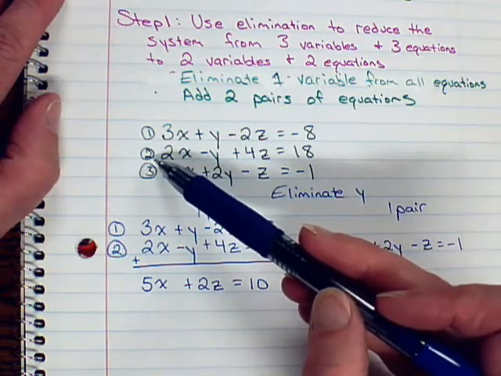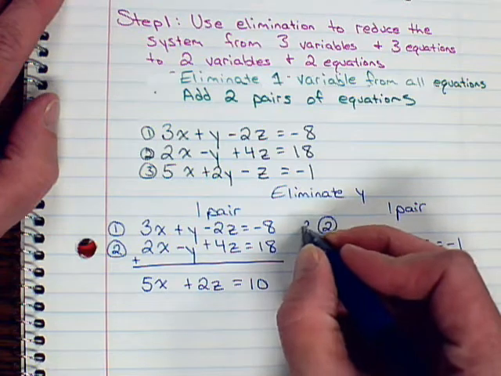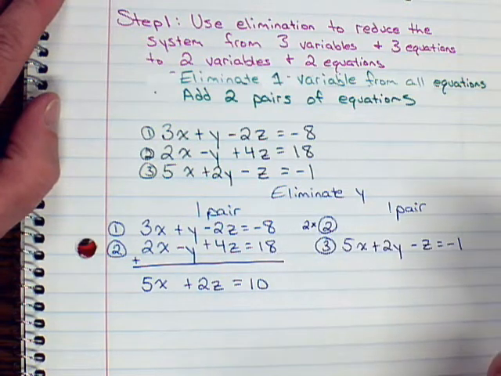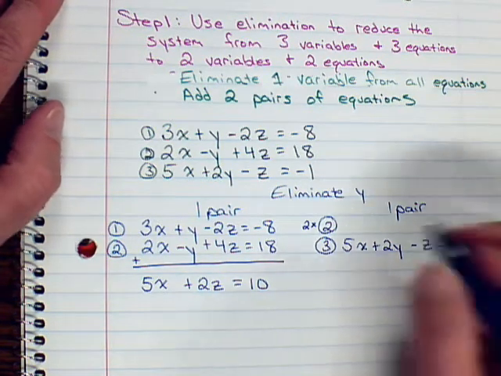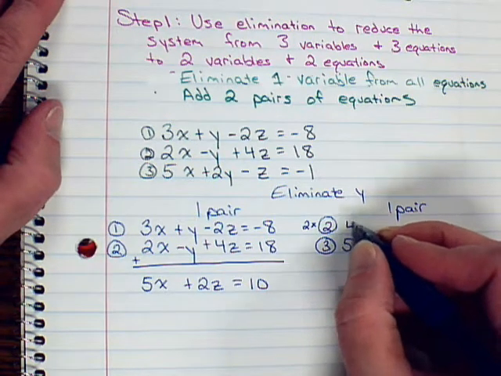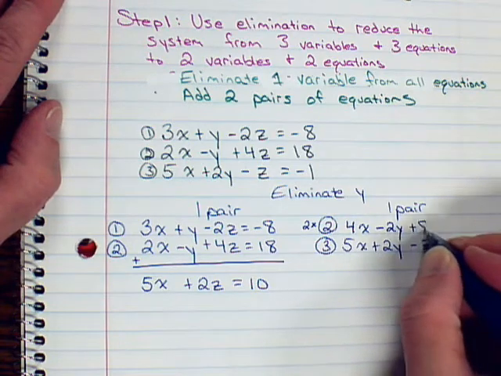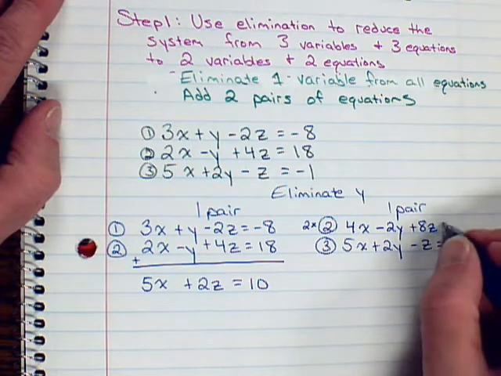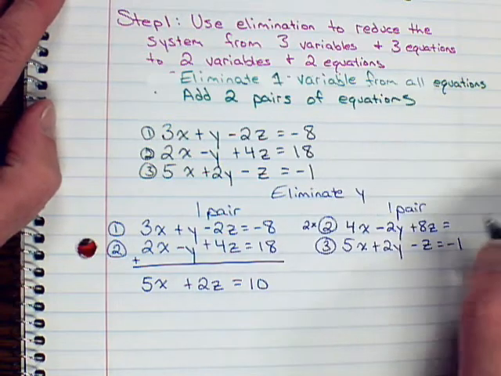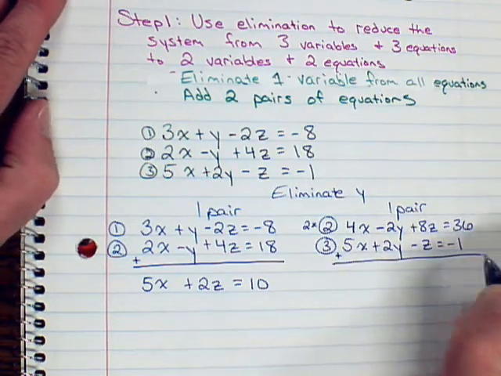Ooh, equation 2. Equation 2, all I'd have to do is multiply by 2, and I'd get something nice, right? So if I multiply equation 2 by 2, I get 4x minus 2y plus 8z equals 2 times 18 is 36. And now we add.